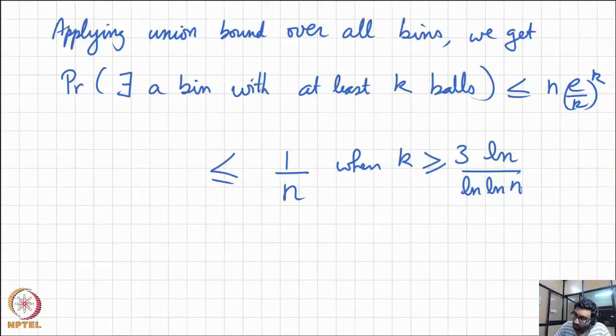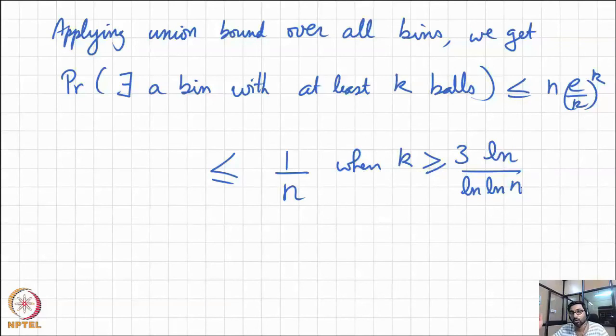And this is in fact one of the most classic balls and bins results. If you throw n balls, each into a bin that's chosen uniformly at random and independent of each other, if you throw these n balls into n bins, the height, or the number of balls that fall into the bin with the most balls, is at most 3 ln n over ln ln n with probability at least 1 minus 1 over n.